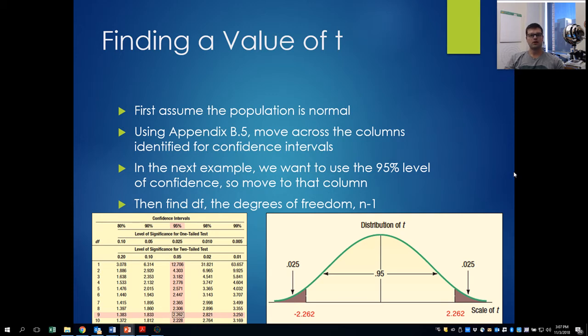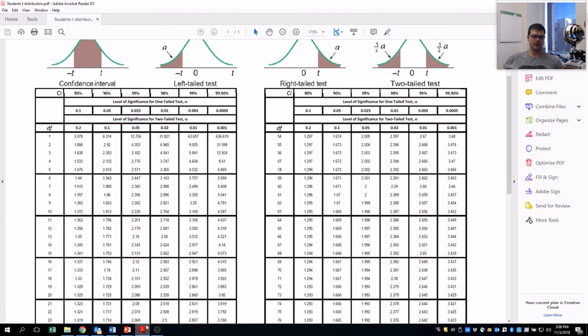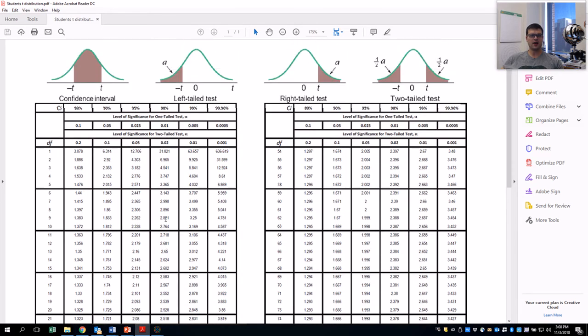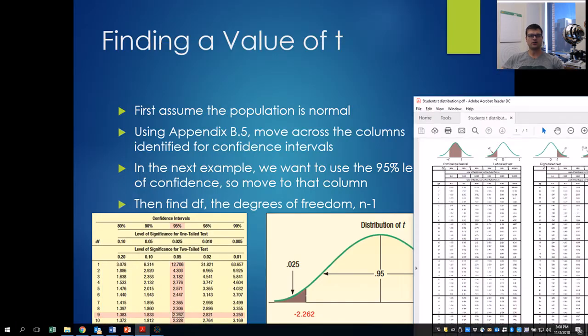In the back of your book you can use Appendix B.5 and move across the columns, or I actually gave you a PDF of this, which is on Canvas. I'm going to show you how to use this.